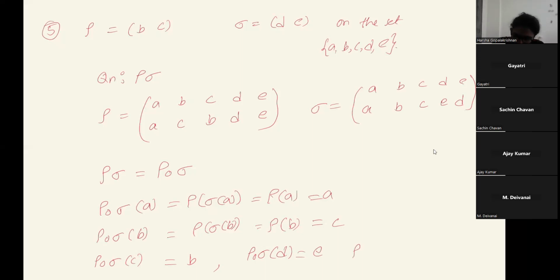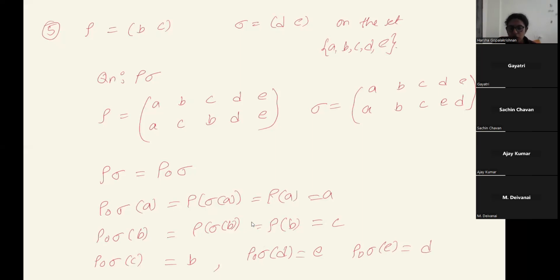Now, rho composite sigma of E. Sigma of E is D, and rho of D is D. So it is D. Is this clear?